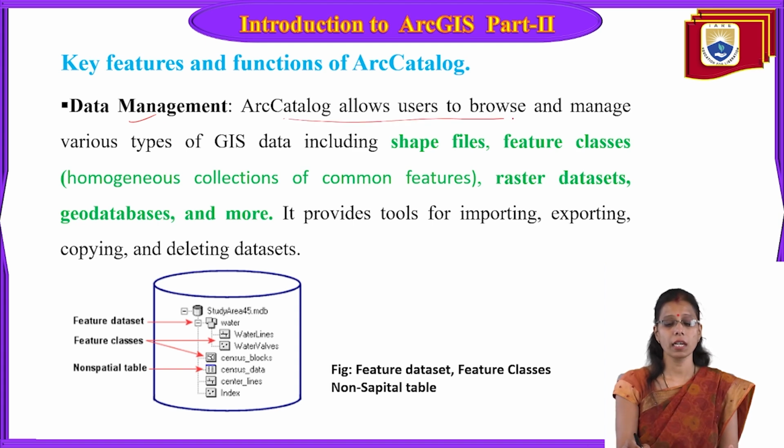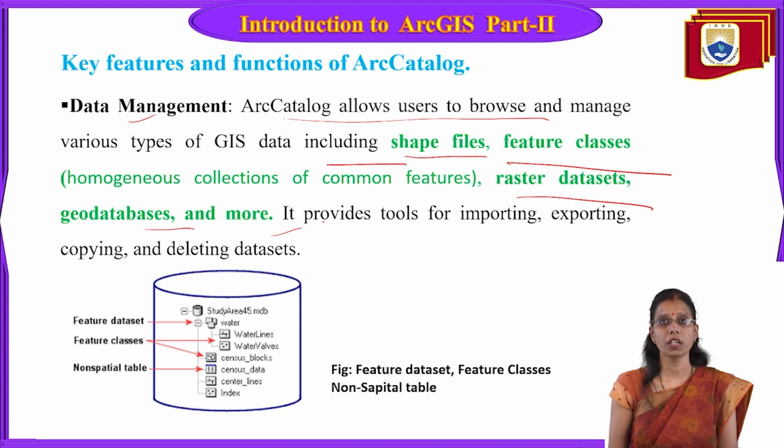So our catalog allows users to browse and manage the various types of GIS data, including shapefiles, feature classes, raster datasets, geodatabases, and more. So what are shapefiles? Shapefiles are files which have a shape. Like if we talk about a point, a point has a shape like this.